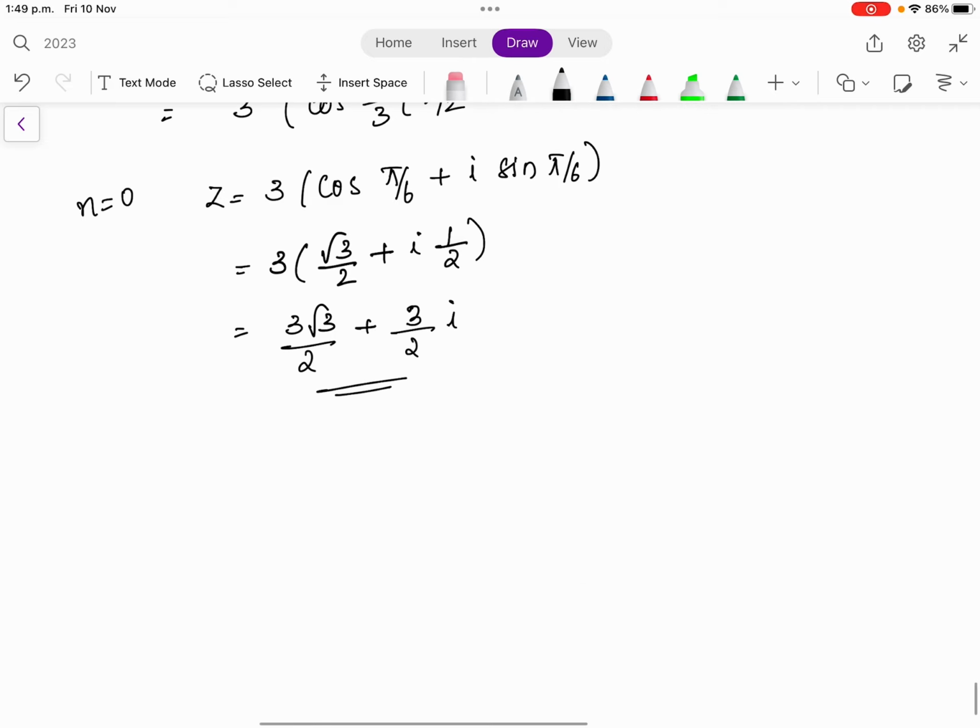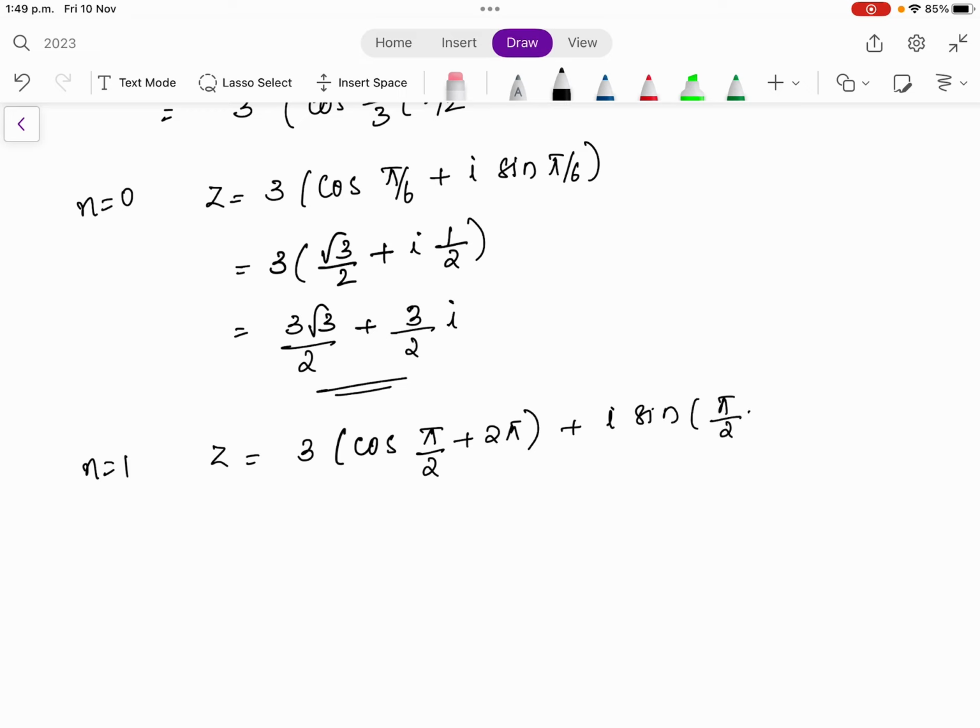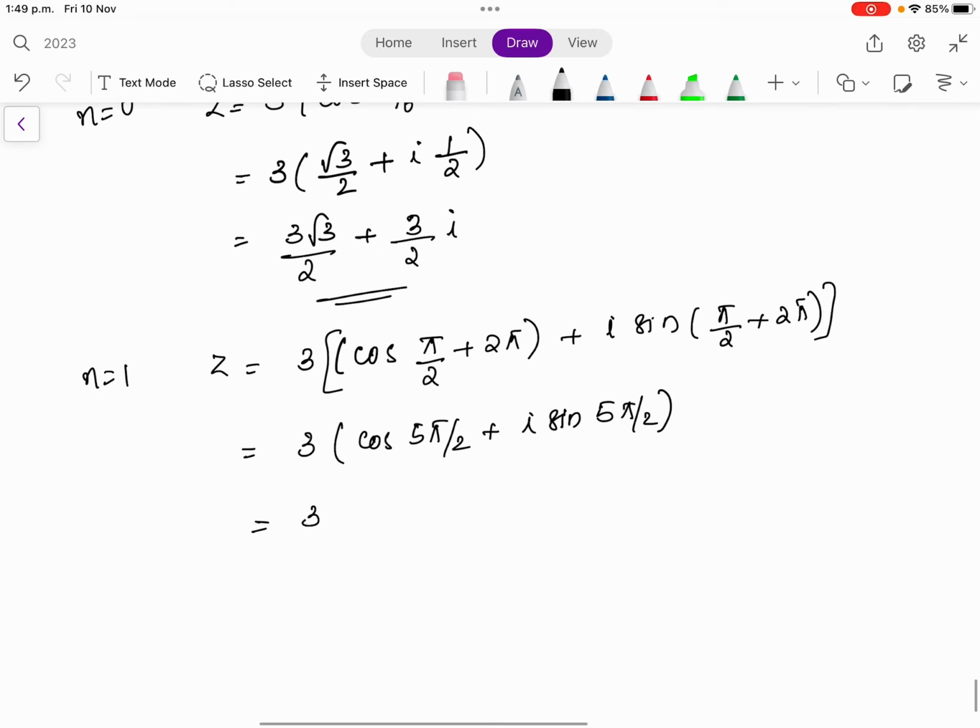Then the second one, n is equal to 1. So you will get z is equal to 3 [cos(pi/2 + 2 pi) + i sin(pi/2 + 2 pi)]... that is equal to 3 [cos 5pi/2 + i sin 5pi/2]... that is equal to 3 into minus root 3 by 2 plus i into 1 by 2.